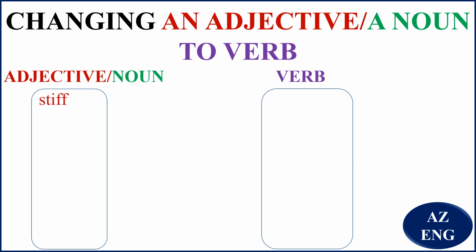Stiff. Let's take just one maybe. If something is stiff, for example, clothes that you wear. You iron them and you apply what we call starch. So when you apply starch on them, they become stiff.